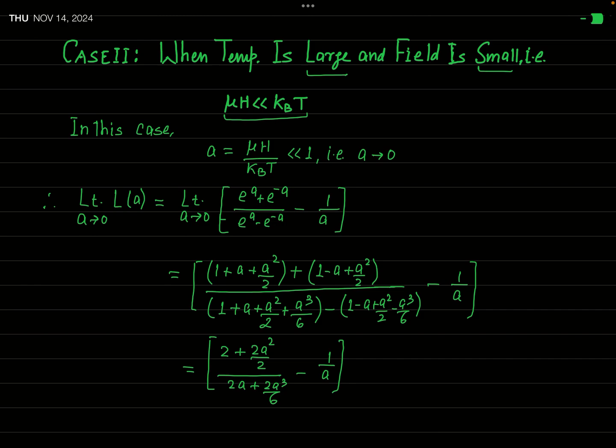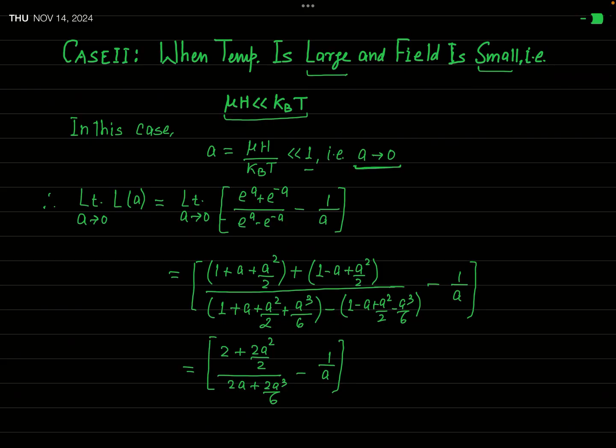A is mu H upon kBT. Since mu H is much smaller than kBT, you can say that this A is much smaller than 1. And you know, if a number is much smaller than 1, mathematically that means A is tending towards 0. So in this condition we have to evaluate the value of the Langevin function under the limiting condition A tends to 0.